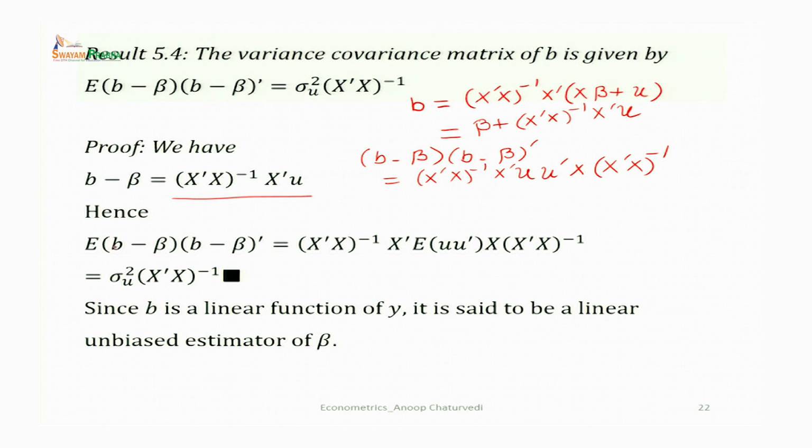Then taking expectation, we obtain expectation of (B minus beta)(B minus beta) transpose equal to (X transpose X) inverse X transpose, expectation of U U transpose, X (X transpose X) inverse. Then expectation of U U transpose is equal to sigma square U I n. So, you get (X transpose X) inverse X transpose sigma square U I n X (X transpose X) inverse.